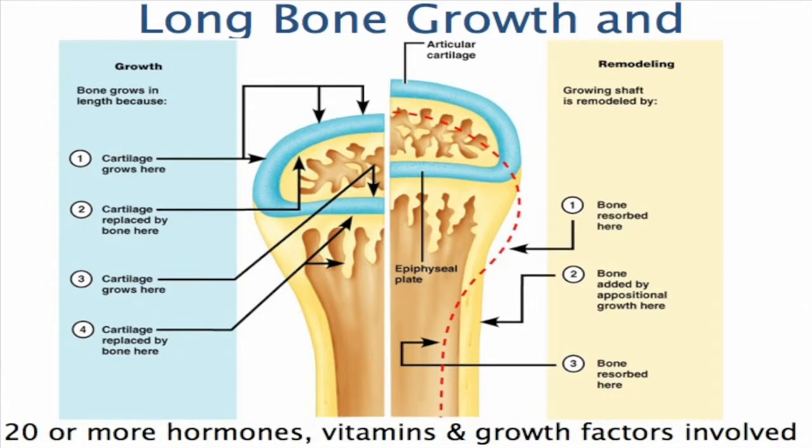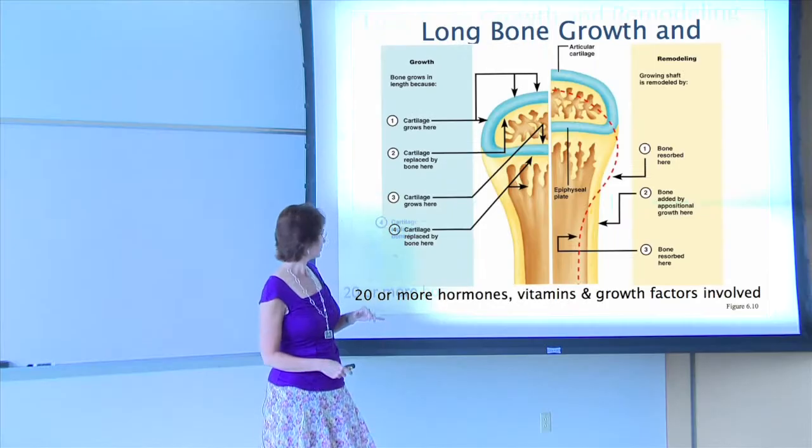You tend to think, oh, here's my femur, you've got the femur in lab, and you think, oh, well, this femur has been in my body forever. Really, though, the remodeling process is happening all the time. It's estimated about 10% of all of your bones are replaced every year. So that process is continuing all the time.